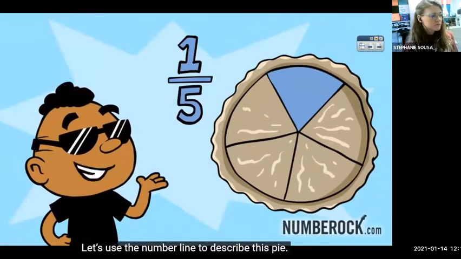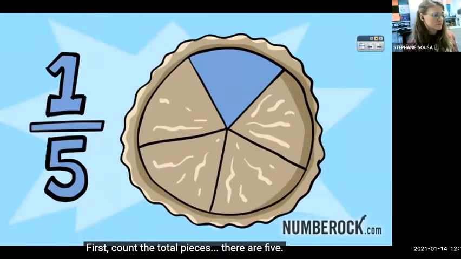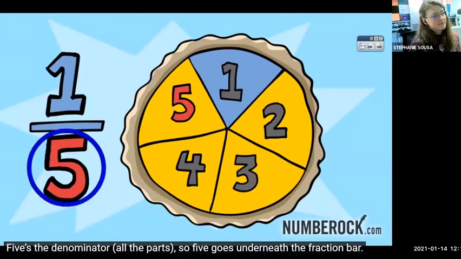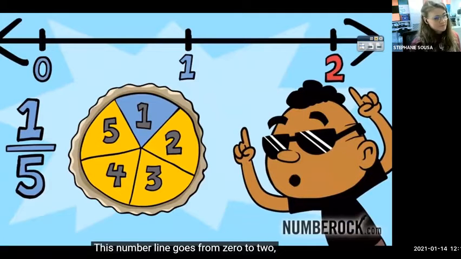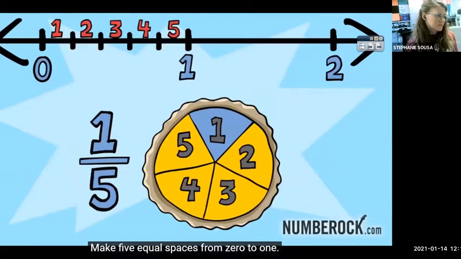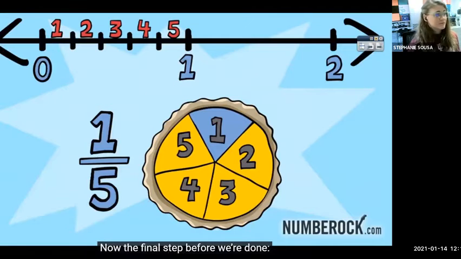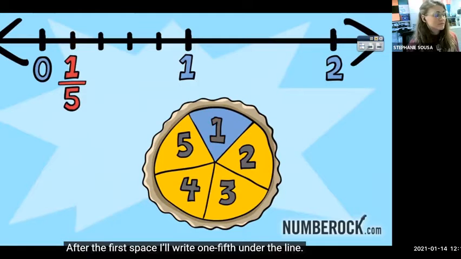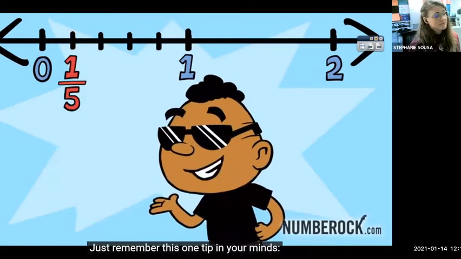Let's use the number line to describe this pie. First count the total pieces, there are 5. 5's the denominator, all the parts, so 5 goes underneath the fraction bar. This number line goes from 0 to 2, but the fraction's less than 1, so here's what to do. Make 5 equal spaces from 0 to 1. Now the final step before we're done. The numerator is the one piece that's mine. After the first space, I'll write 1/5 of the line. Just remember this one tip in your minds.